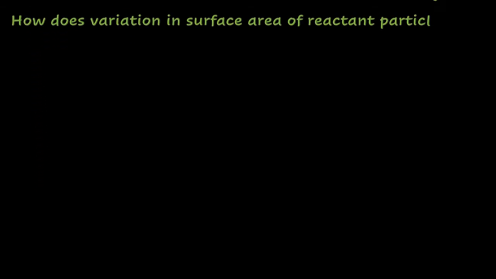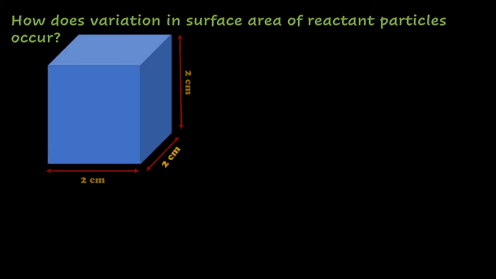But then, in reality, how can we really look at this variation in surface area of reactant particles? Let us consider a cube whose dimension is 2 centimeters. That means all the sides are equal and each has a length of 2 centimeters.